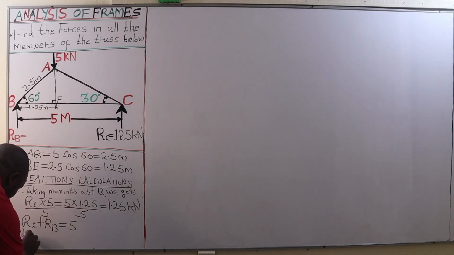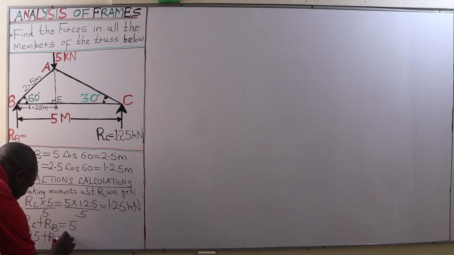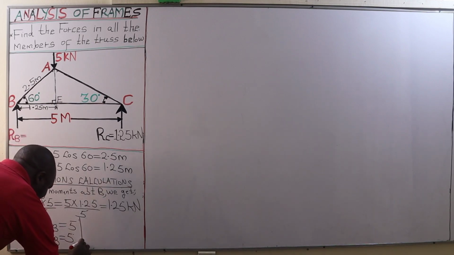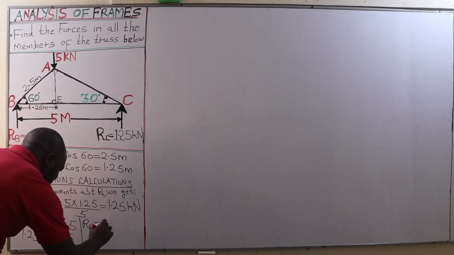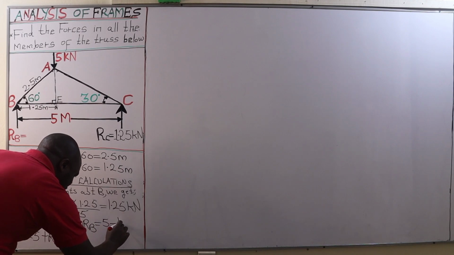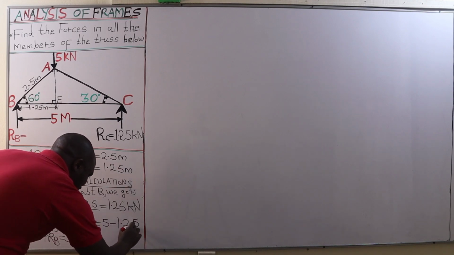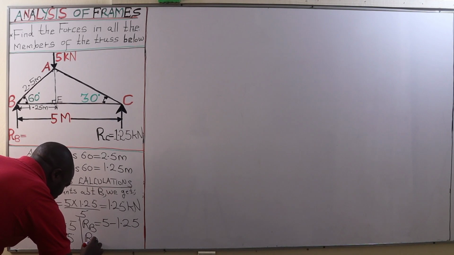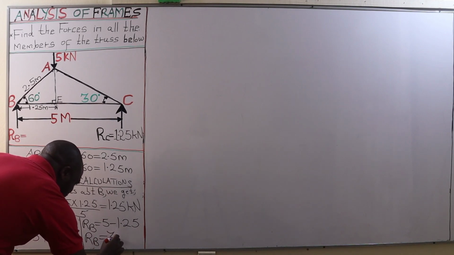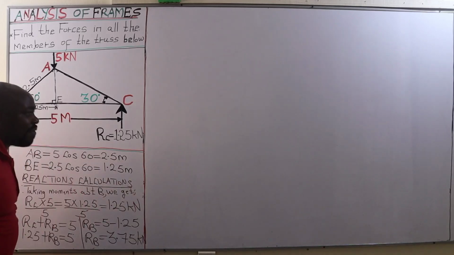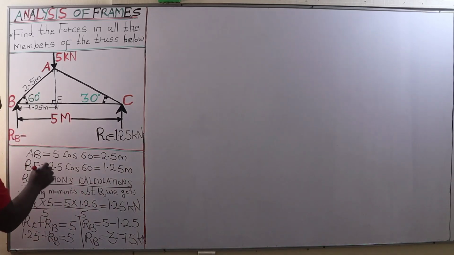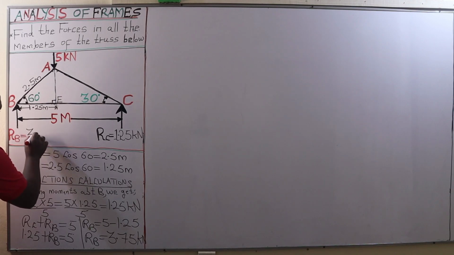Therefore, 1.25 plus RB equals 5. And reaction at B is going to be 5 minus 1.25 kilonewtons, which is going to give us 3.75 kilonewtons, and therefore the reaction at B is going to be 3.75 kilonewtons.